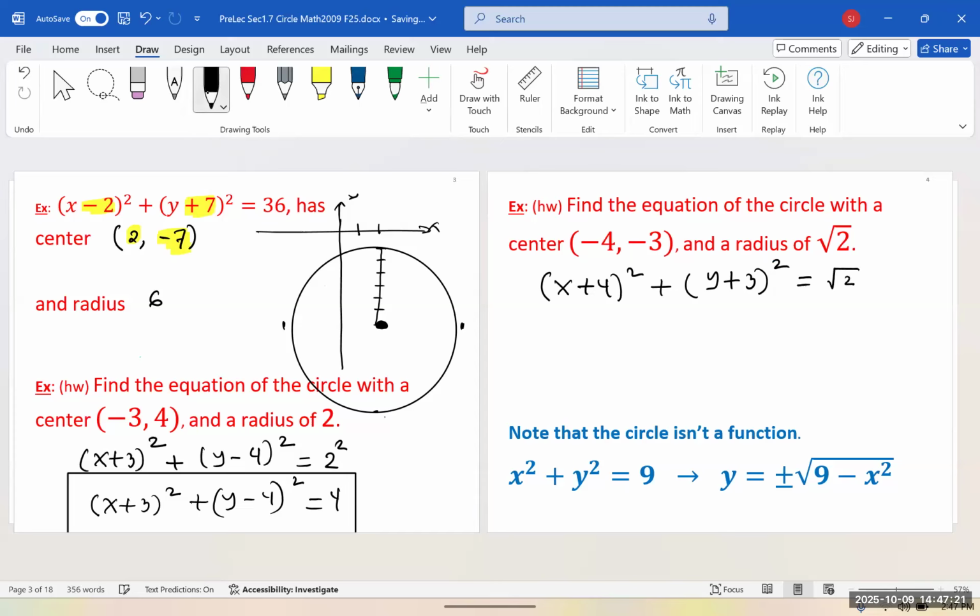It takes the square root of 2, but what do you have to do? Square it, because the right side is the radius squared. As a result, the radical and the square cancel out. Only 2. X plus 4 squared, y plus 3 squared equals 2.